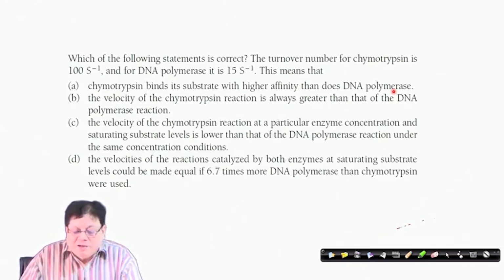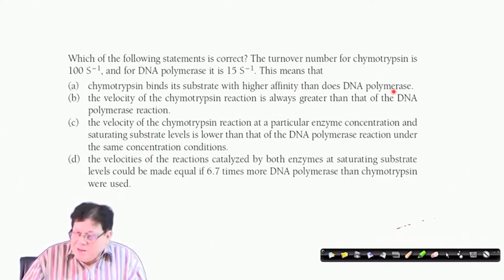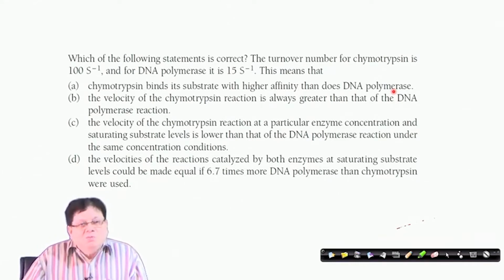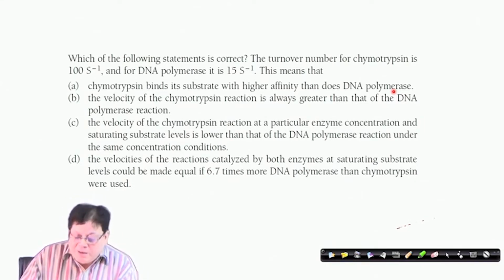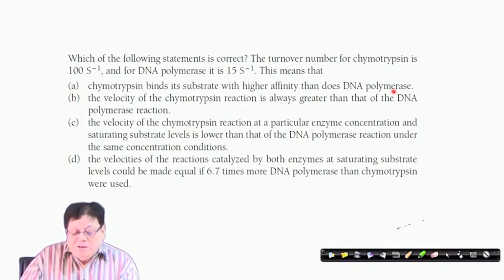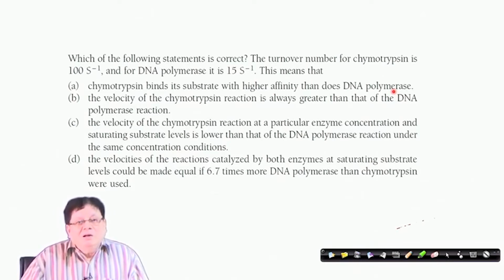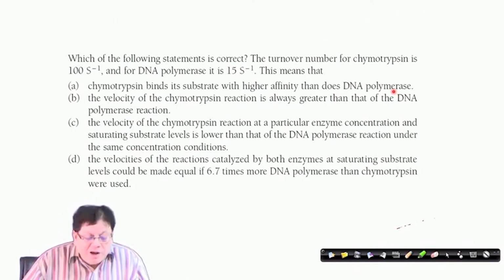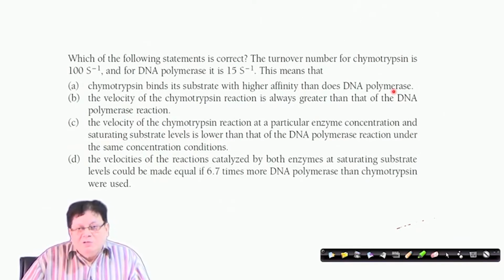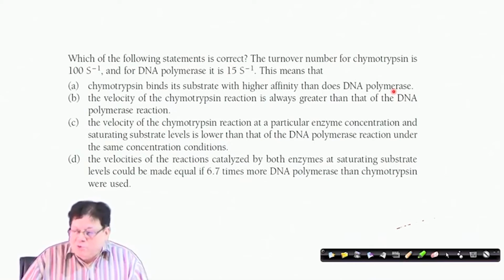It says that it is always greater than that of DNA polymerase. That may not be true, because if you start with more DNA polymerase, more enzyme to start with, then the DNA polymerase can have higher velocity, because you have higher concentration of the enzyme. So, that is also not true.